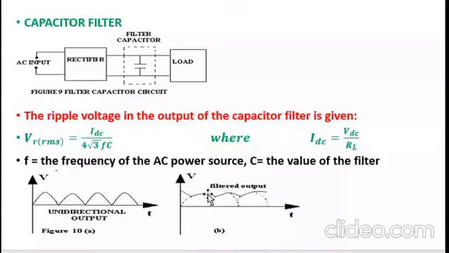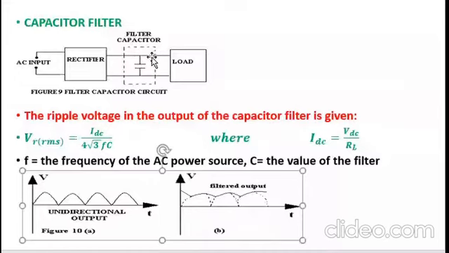In the second half cycle, when it is rising to maximum, the capacitor will be charging. When trying to fall down, the capacitor will release its energy, so instead of going from maximum to 0, it will now be somehow constant because of the energy the capacitor is releasing. The ripple is this amount of variation, because it is not steady, it is not a straight line, just like the other one we have seen.